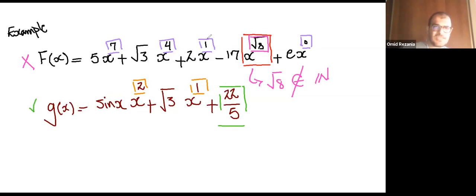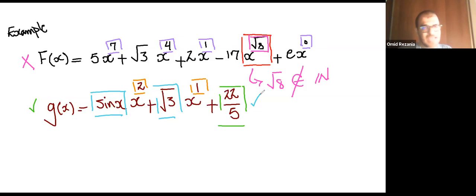But you can see at the same time that the coefficients which I have, sine x, square root of 3, and this one, can have any format. They have no restrictions whatsoever. They can adopt any type of format, from sine x to the square root of 3, and also a number such as 22 divided by 5.